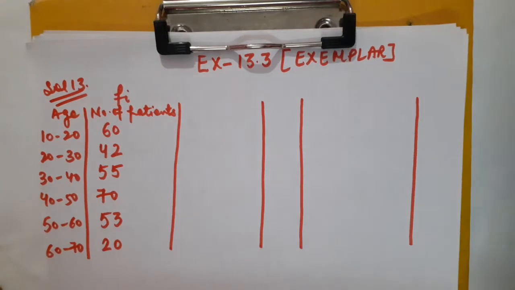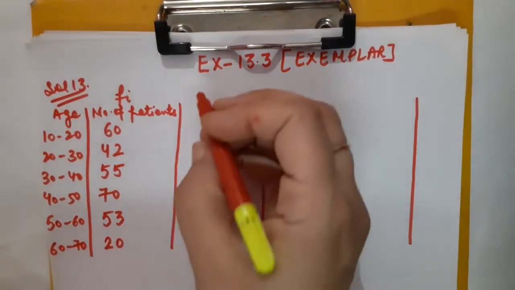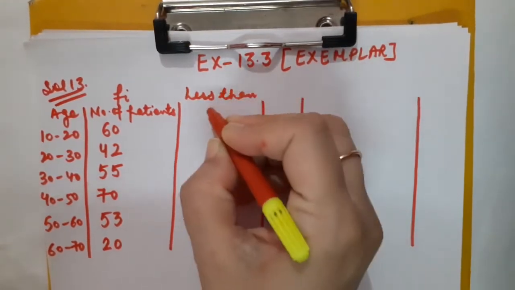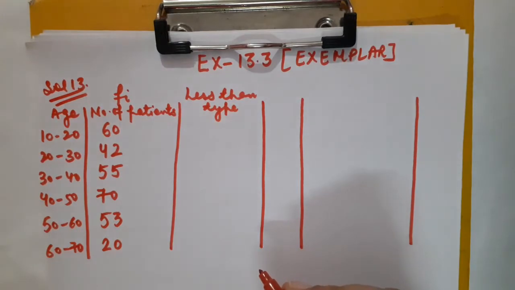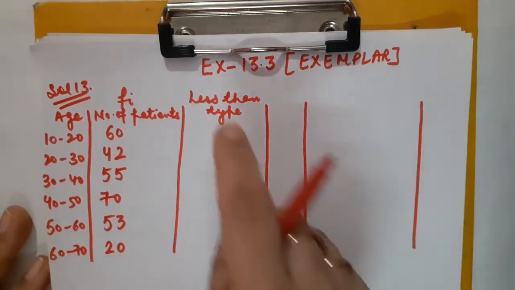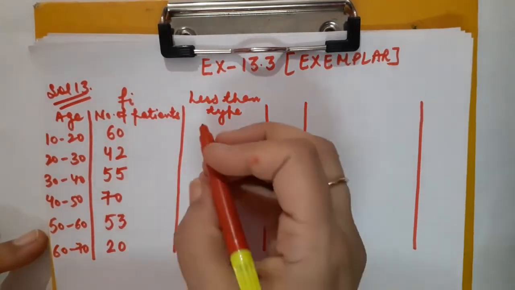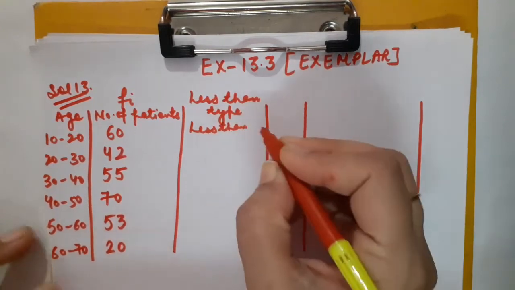So children, in the question it is demanded that we form a less than type cumulative frequency distribution table. Okay, so let us make less than type. Yesterday also it was taught to you, so please be alert. Whenever there is less than type, we always choose the upper limit. So what should I write here? Less than 20.